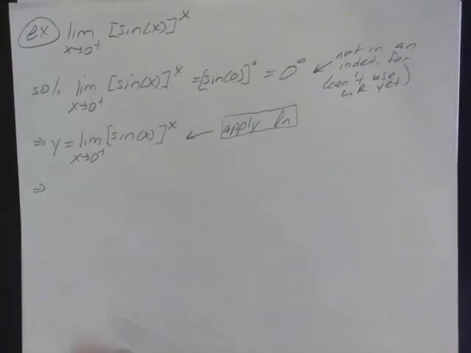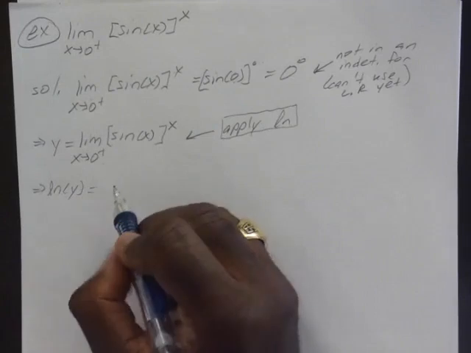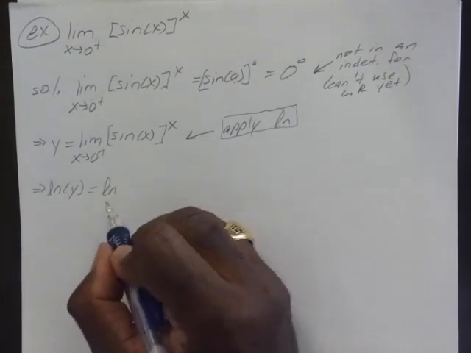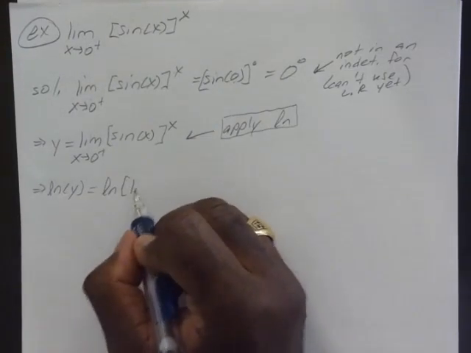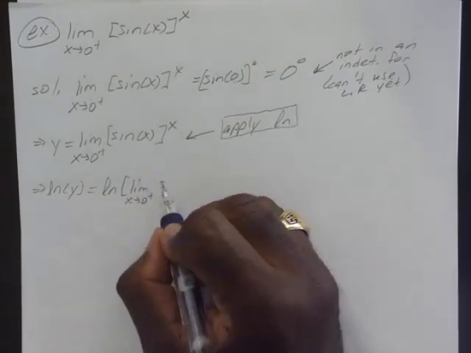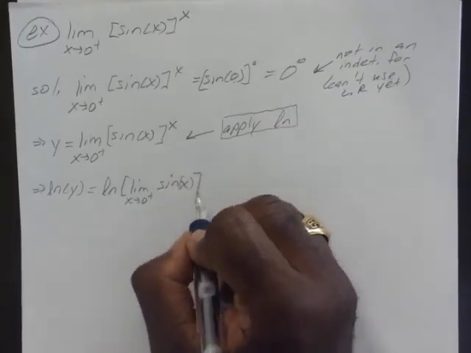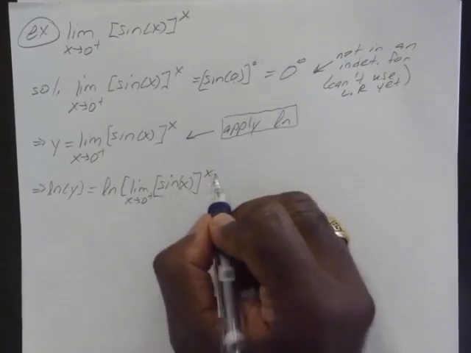So that gives us the natural log of y is equal to the natural log of the limit as x approaches 0 from the right of sine of x to the power of x.